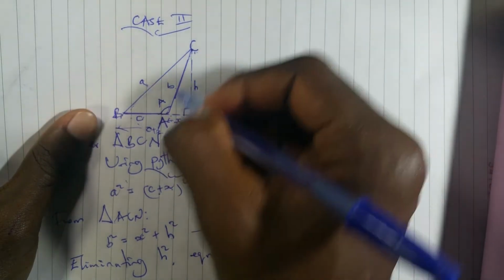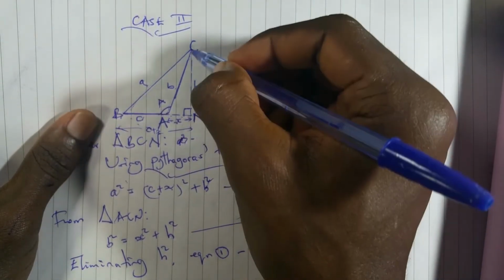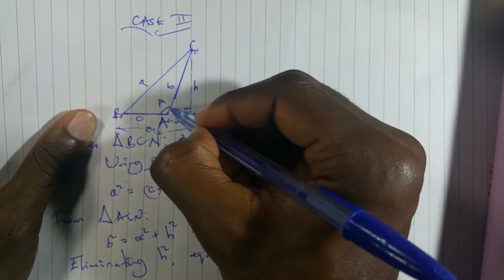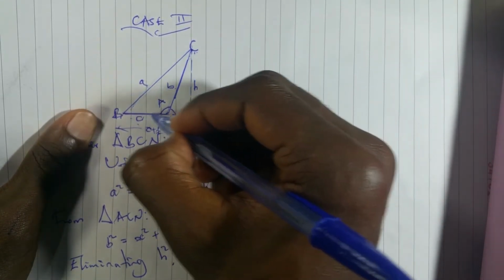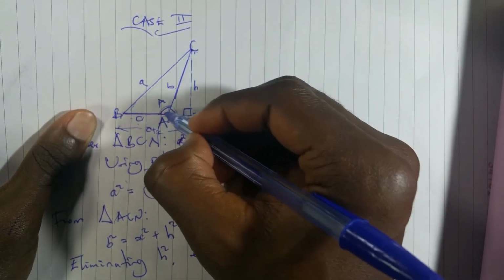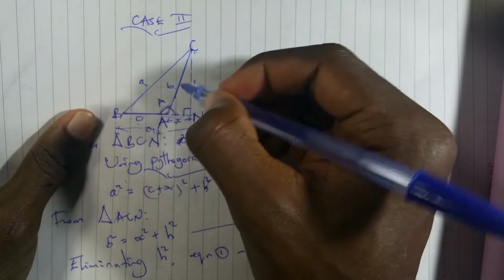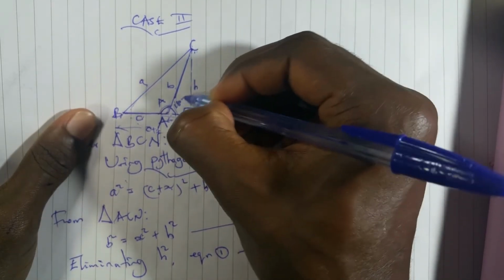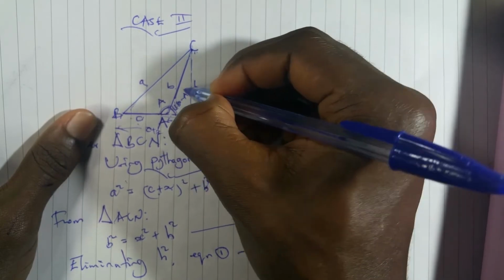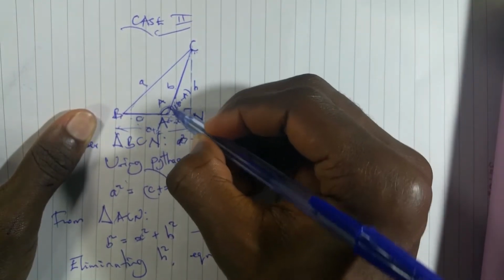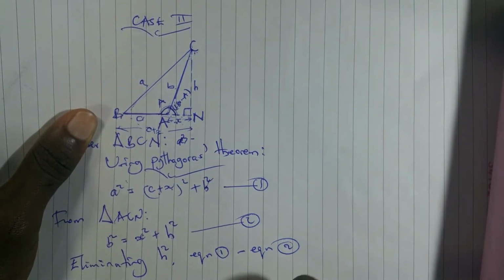If you consider this angle, we can only use triangle BCN to get that. That angle is 180 minus a, since we have already subtracted a.